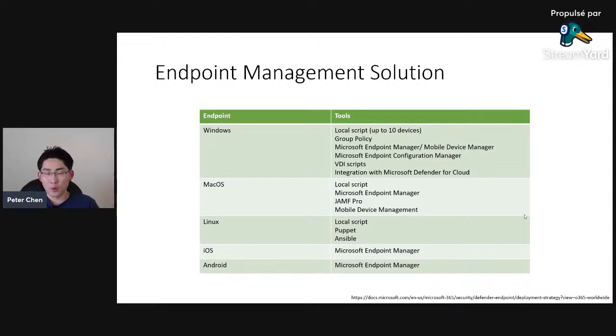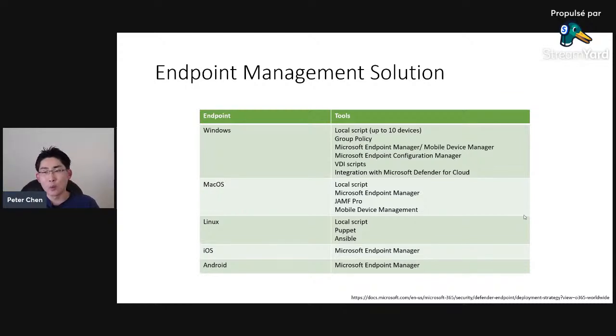So what is required is an existing endpoint management solution to deploy these agents and do these configurations on the endpoints. Your management solution will be dependent on the endpoints that you are protecting, which is why my earlier slides looked at what endpoints you're looking to protect within the scope of your project.